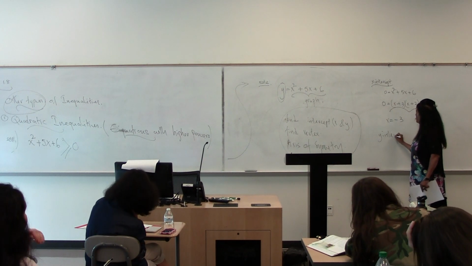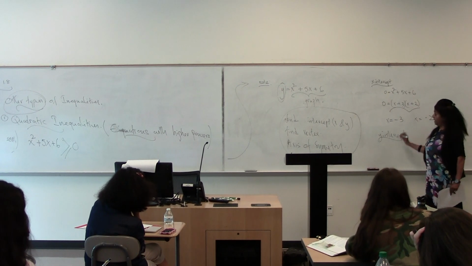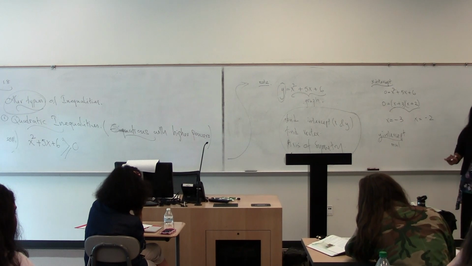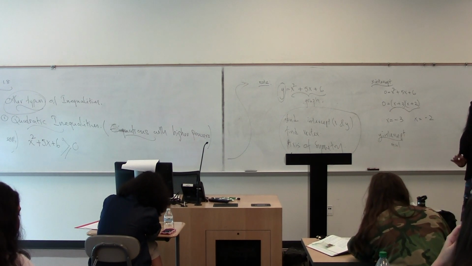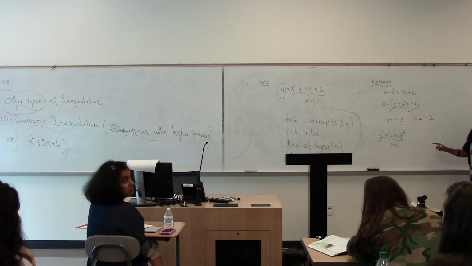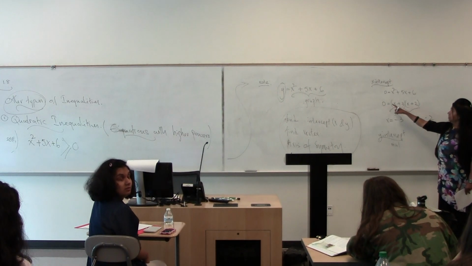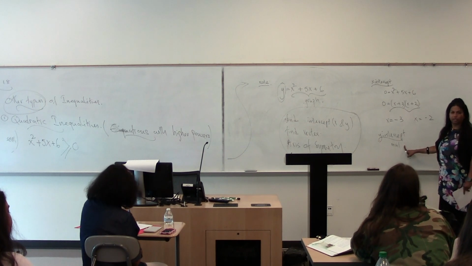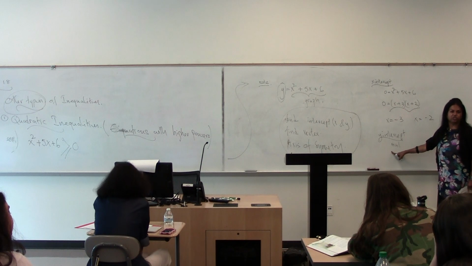What's the y-intercept? How do you find the y-intercept of this? Make x equal to 0, right? Y-intercept means where the graph crosses the y-axis, right?